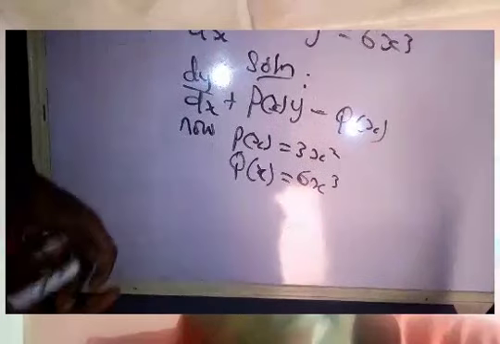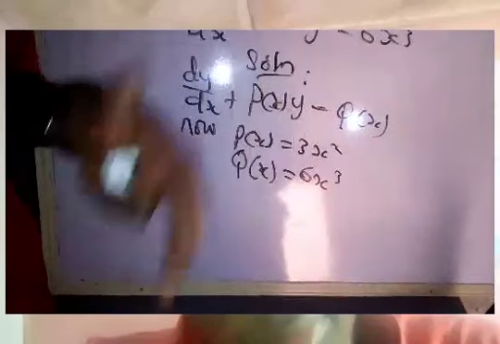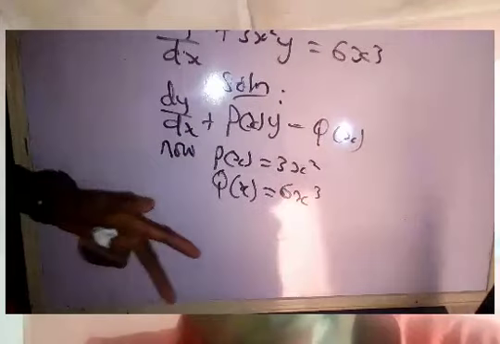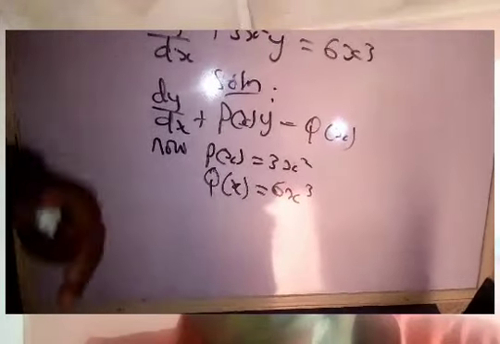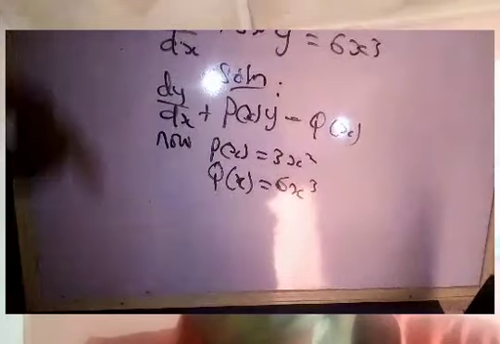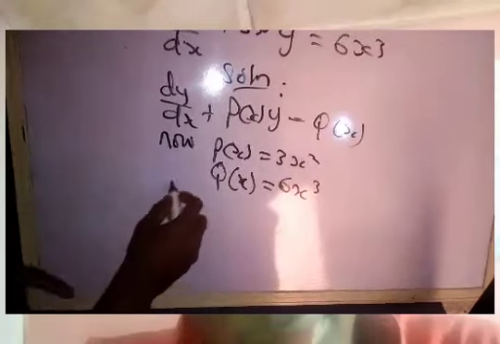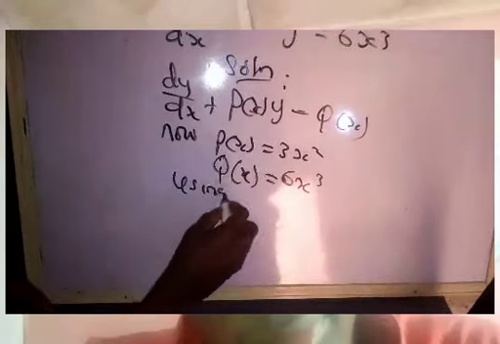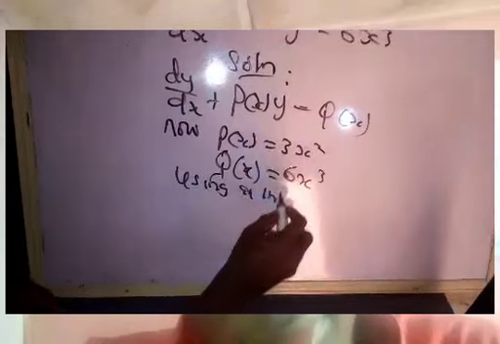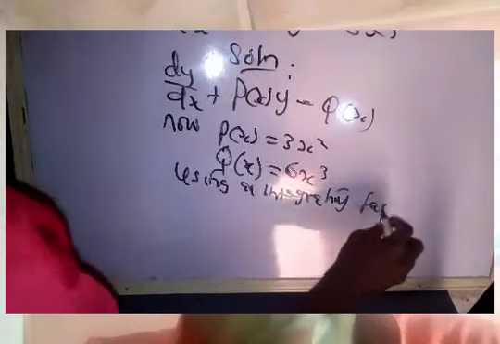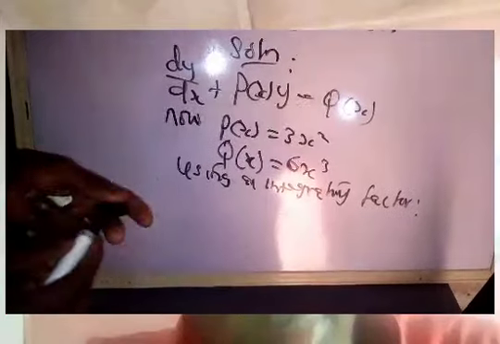Now to solve this kind of differential equation, we use what is called the integrating factor. You can let any variable be the integrating factor. Since in our previous example we used I as the integrating factor, we are going to use I. And what is our integrating factor?